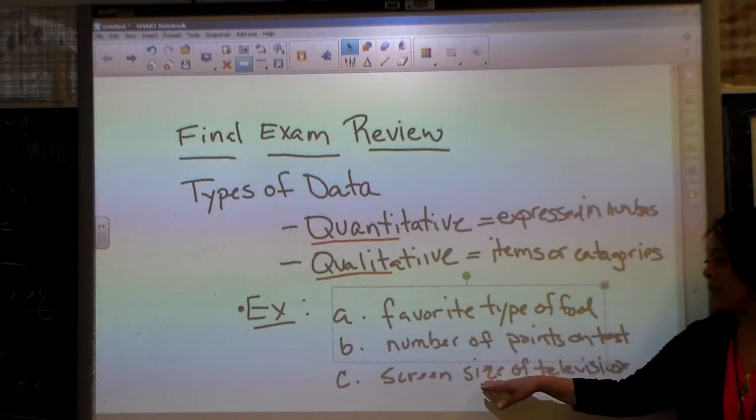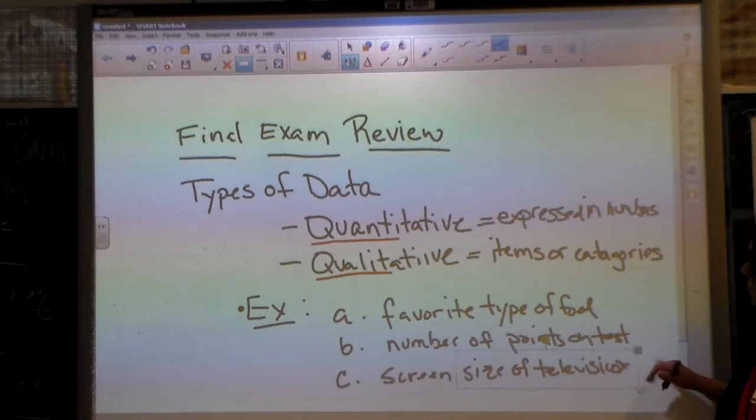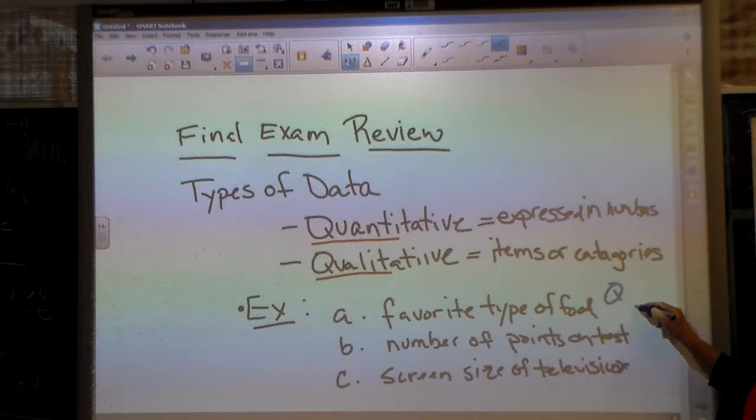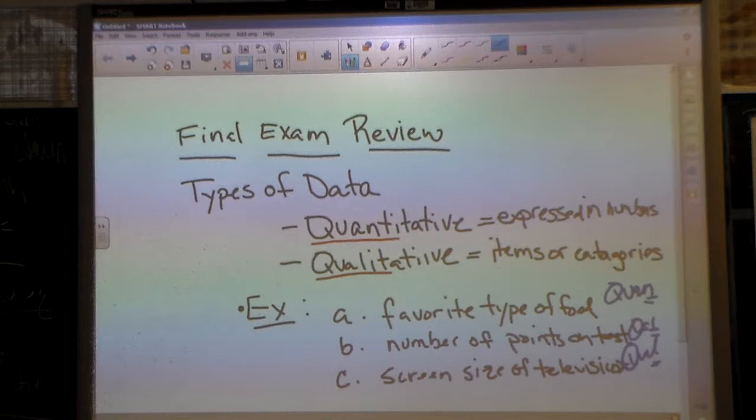There will be A, B, and C. So let's say this one was, whoops, the first one was quantitative. The second one was qualitative, I put the L, and the third one was qualitative with the L, okay? So your answer choices on the test will all be multiple choice.